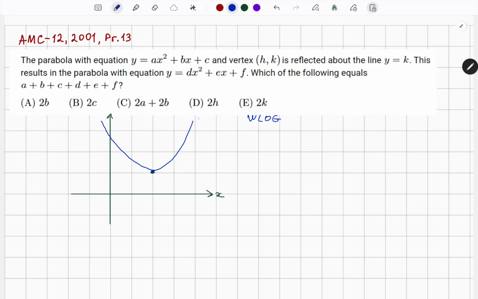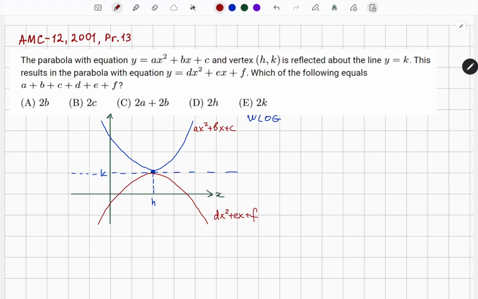We can assume the parabola looks like this. This is h, this is k, the coordinates of the vertex, and we reflected about the line y equals k. y equals k is the horizontal line. So when I reflect it, it looks like this, right? So this is ax squared plus bx plus c, and this is dx squared plus ex plus f.